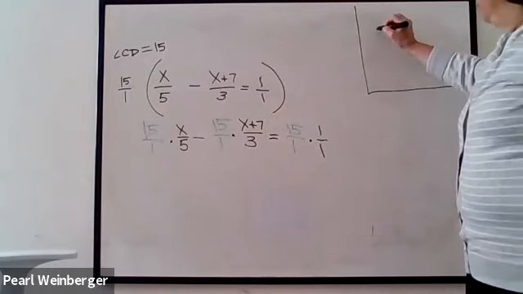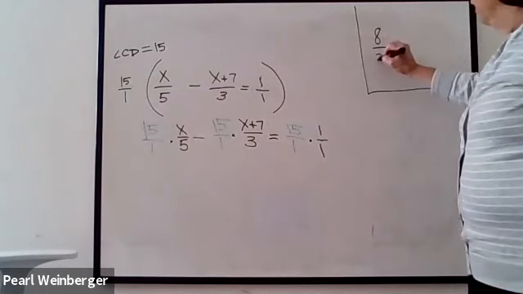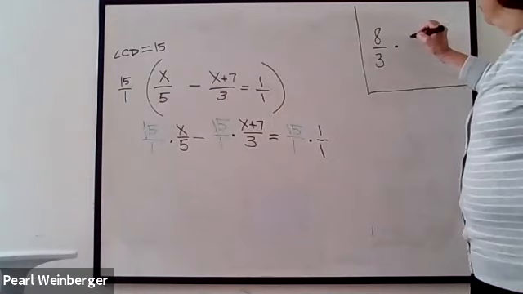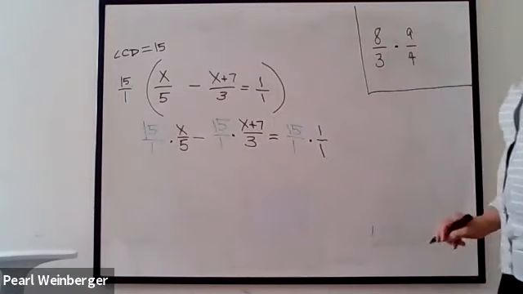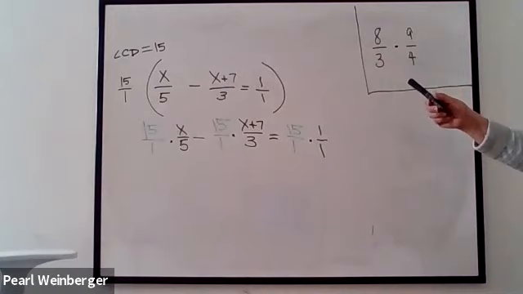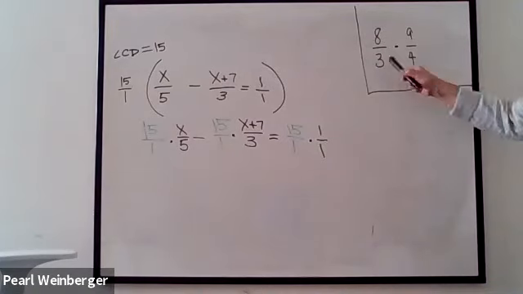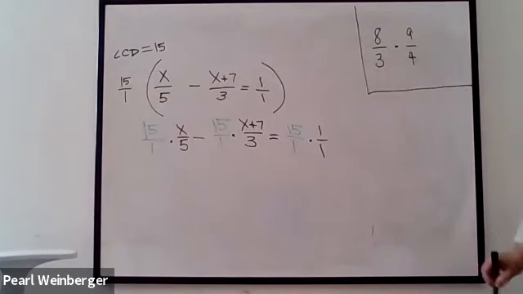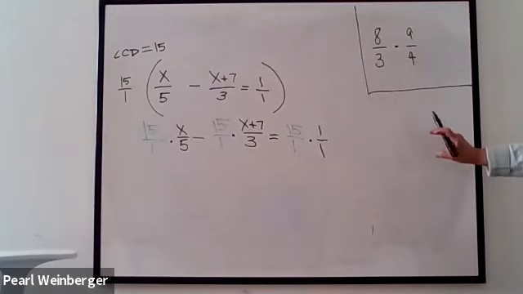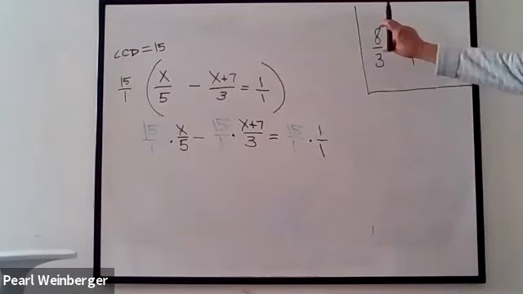Suppose I have 8 over 3 times 9 over 4. The basic rule in multiplying fractions is to multiply the two tops together and to multiply the two bottoms together. But if you can, you try to do something called cross canceling.